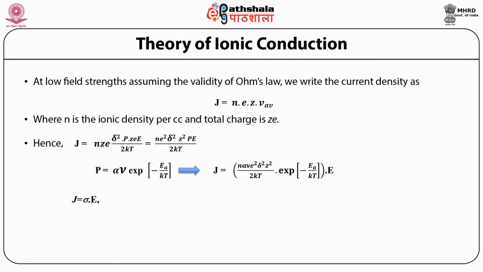Now we know that P is equal to alpha nu exponential minus EA by KT. So, J becomes N alpha nu E square delta square Z square upon 2KT times exponential minus EA by KT into E. Since J is equal to sigma E, one can find the expression of sigma which is given in this slide.